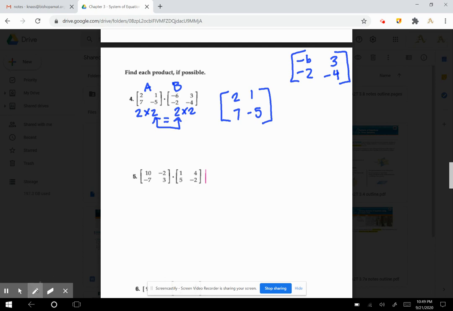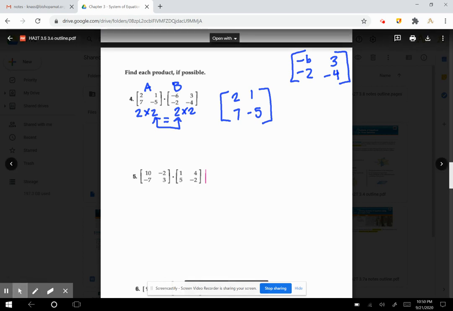The reason I do this is that it creates a kind of building block for us. I'm going to put dotted lines through the row on A and through the column of B. And what's nice is this is now setting up our answer.